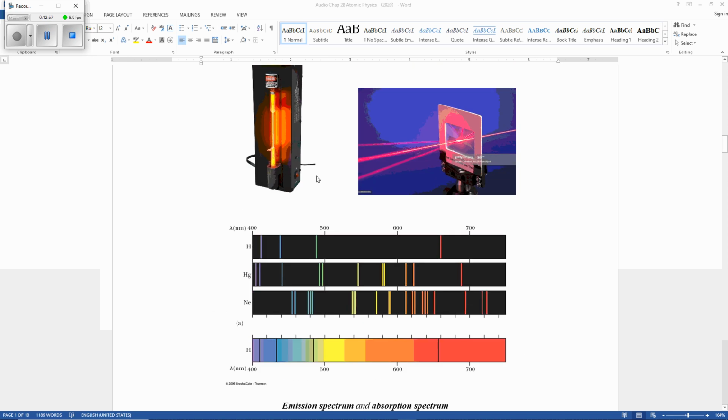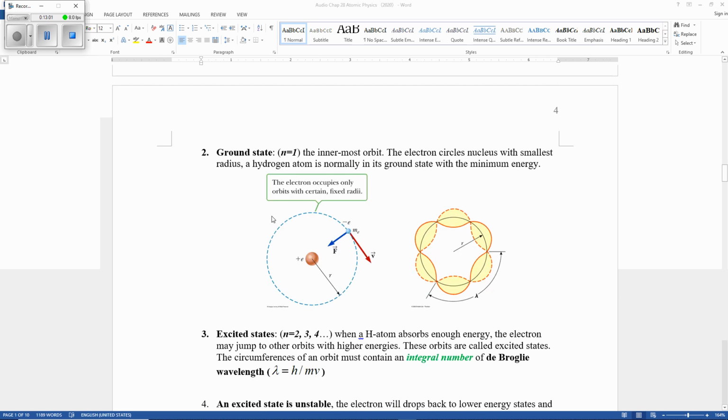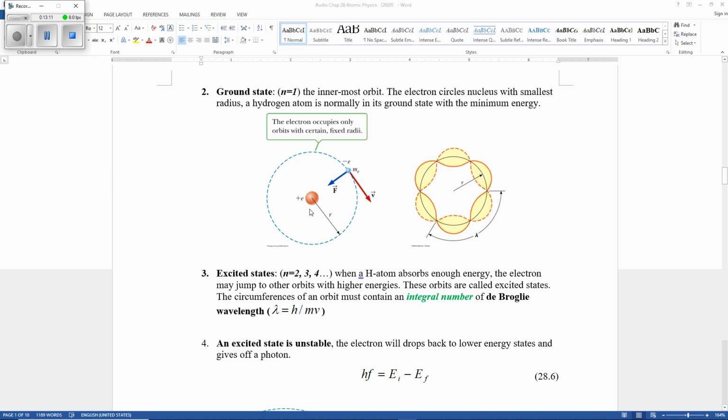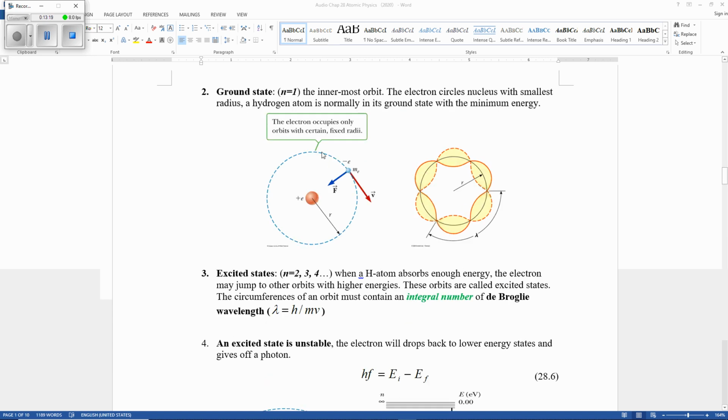Now, when the atom receives energy, what happens? The electron can go to a higher energy state, a bigger circle, even a bigger circle, depending on the energy you give. Those we call excited states. Now we have to give a number. The first one, the ground state, we say the quantum number equals 1.